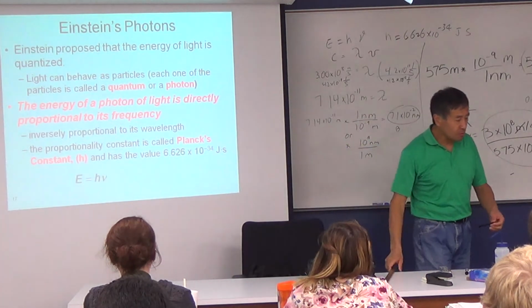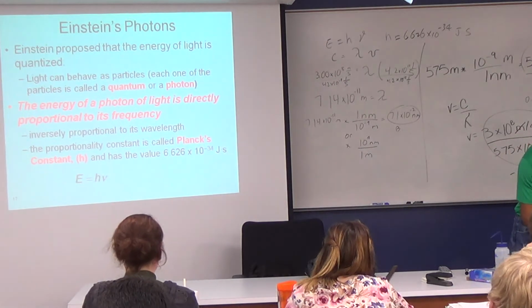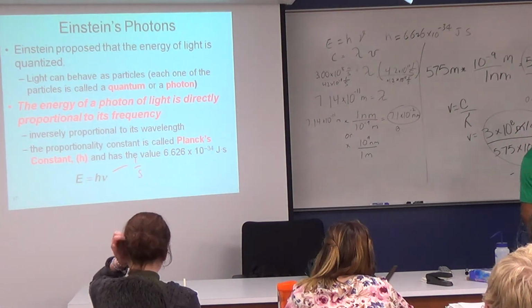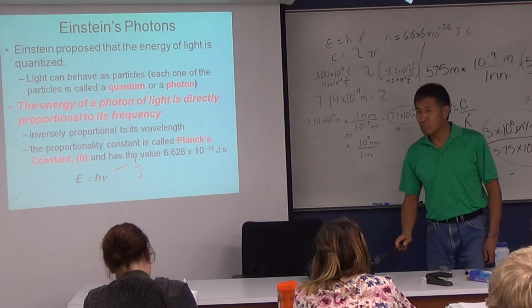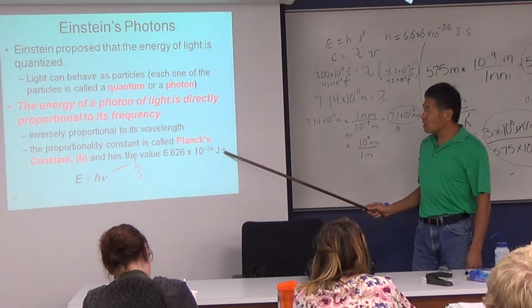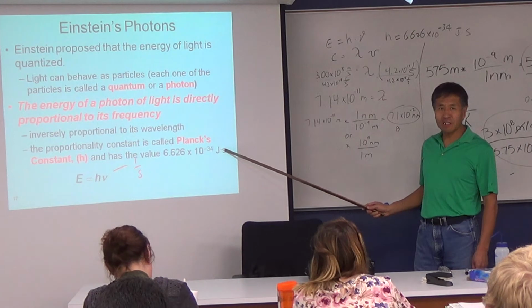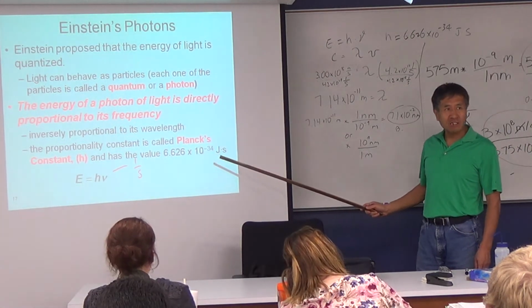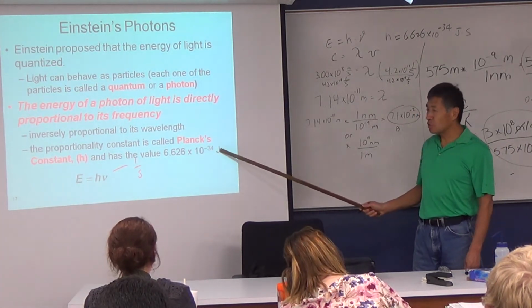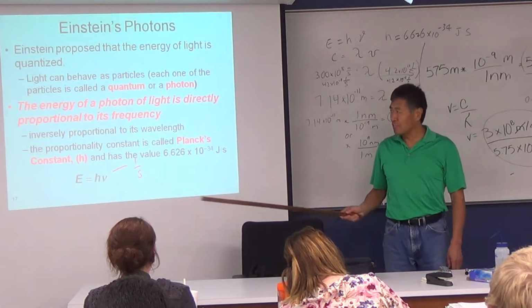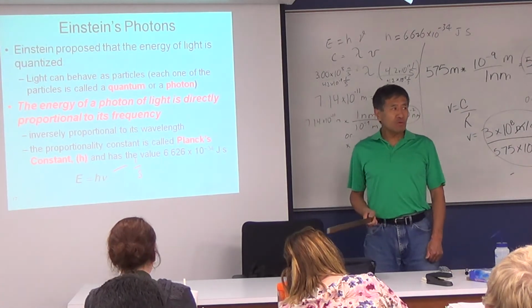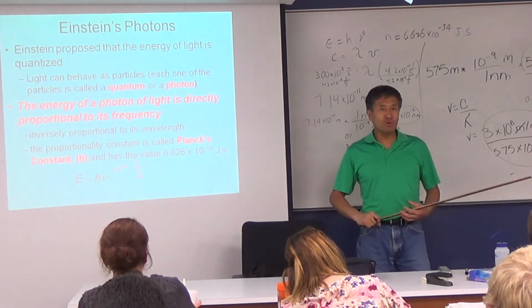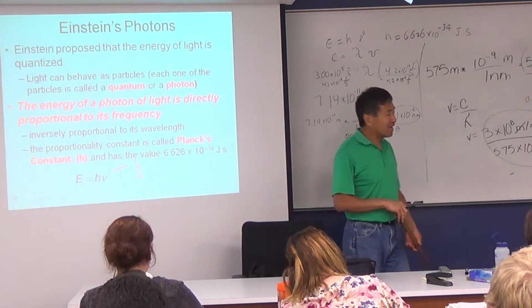Frequency usually will be given in 1 over second. If you take this unit and multiply by this unit, which is joule times second, the second on the top cancels out the second at the bottom, and you get the joule, which is the unit for energy.